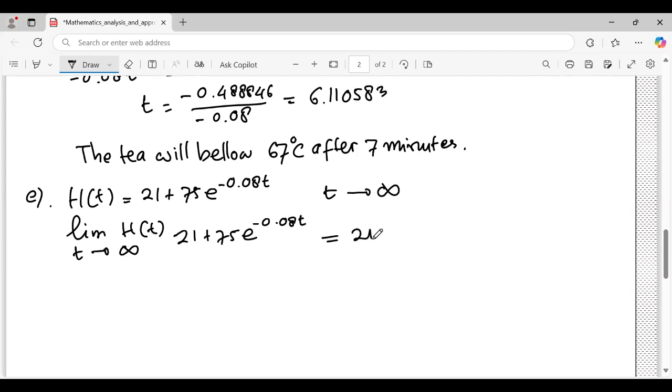It is 21 plus 0, because e power minus infinity is 0, and 75 times 0 is 0. So the result is 21 degrees Celsius. So this is the room temperature.